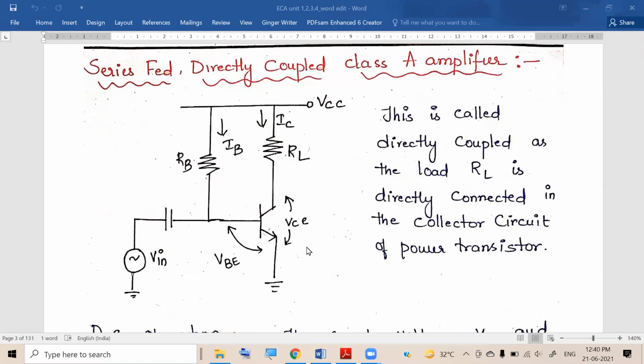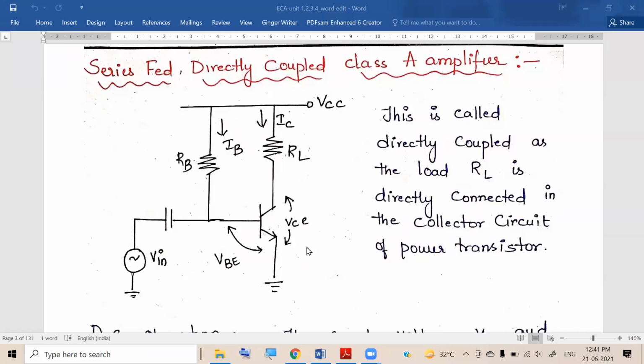See, so far, what all amplifiers are we discussing? We are discussing AC amplifiers. Input we are giving sinusoidal, and DC is only for biasing the transistor. But the useful signal that we are expecting at the output is the AC power, isn't it?